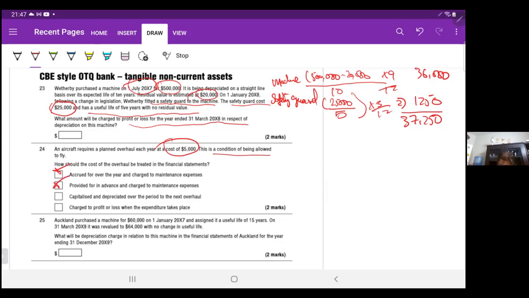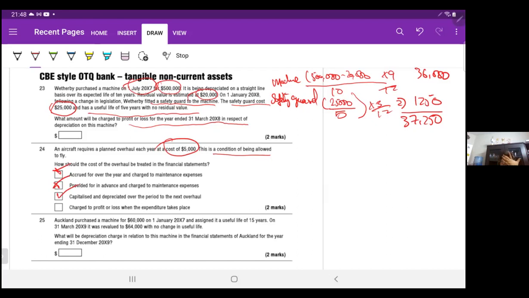No. Capitalized and depreciated over the period to the next overhaul? Correct. The expenditure should be capitalized when it takes place and depreciated over the period to the next overhaul. It should not be provided for in advance because there is no obligation arising from a past event. The overhaul could be avoided by ceasing to operate the aircraft.